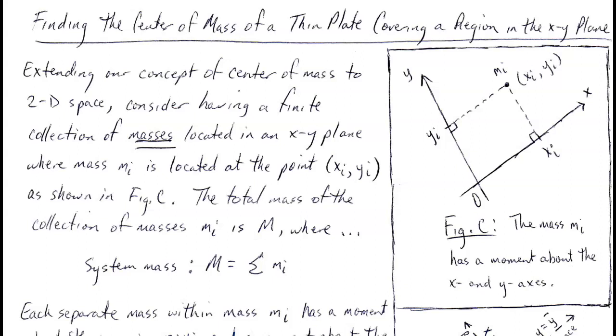From that we saw how we could figure out the one-dimensional point where we would like to have our center of mass: it is just the system moment divided by the system mass.